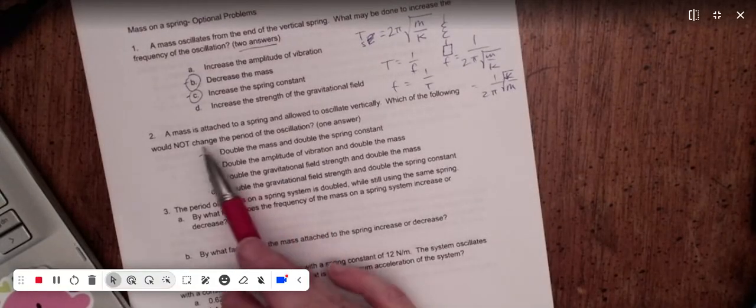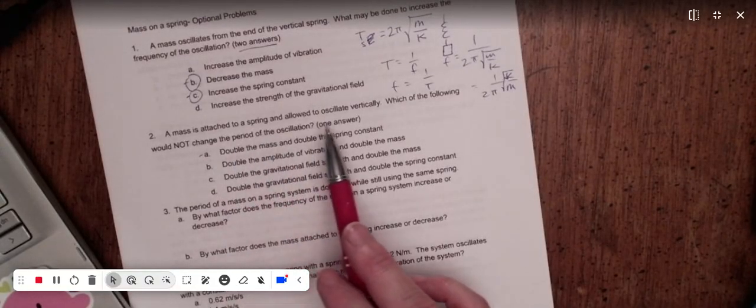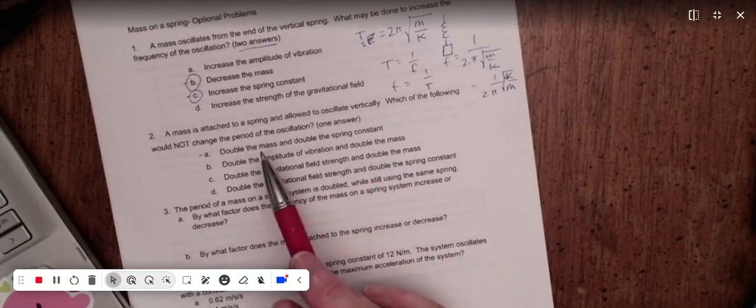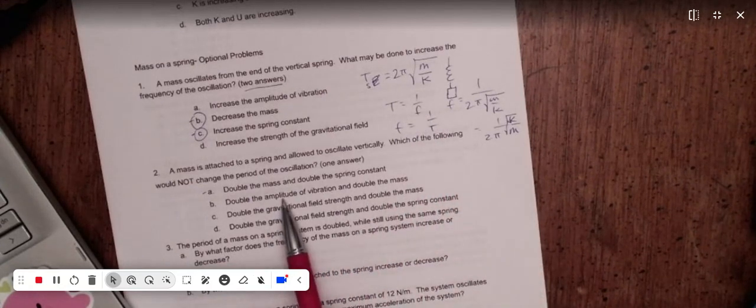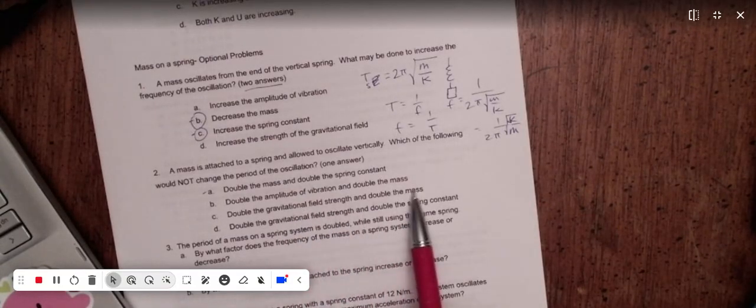Okay, mass attached to a spring, allowed to oscillate vertically, which would not change the period. Again, going back to this equation, I see here I've got some answer choices with amplitude. That would be a no. Gravitational field strength, even though these two also include items that are in that equation.